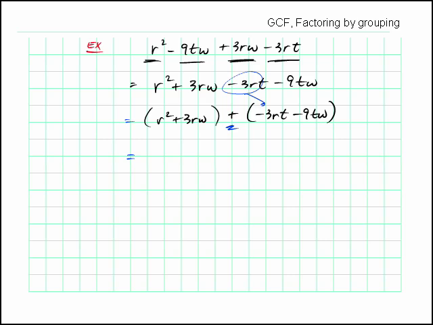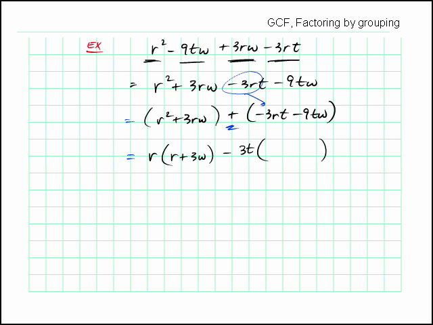What can I factor out of the first group here? I can take an r out, and that leaves me with r plus 3w. Now out of the second group, I'm going to want to factor out a negative number. A negative 3 will come out of there, and also a t. I'm going to factor negative 3t out.